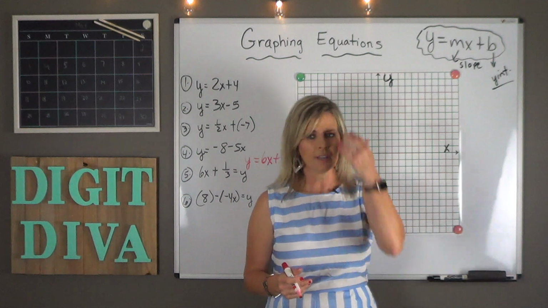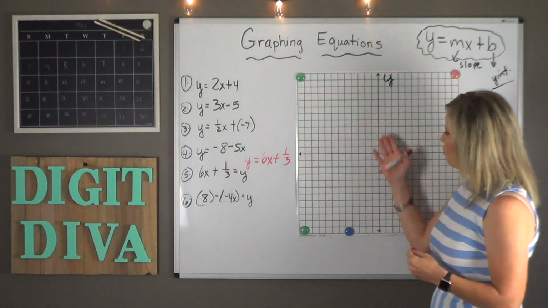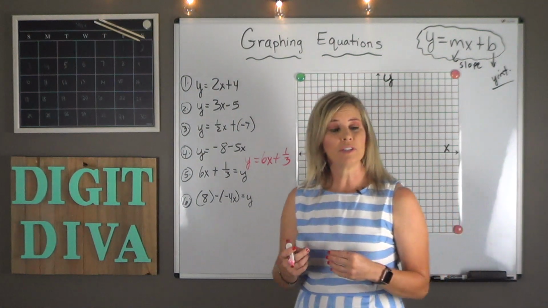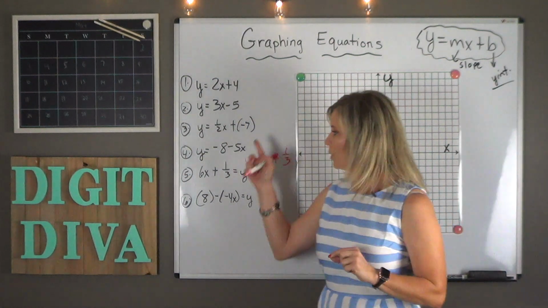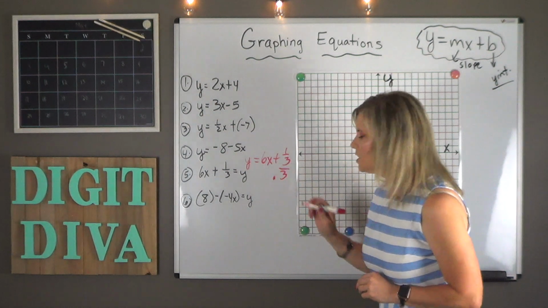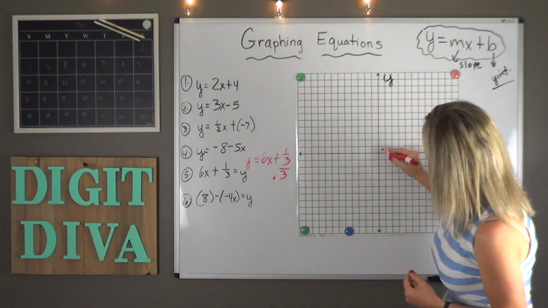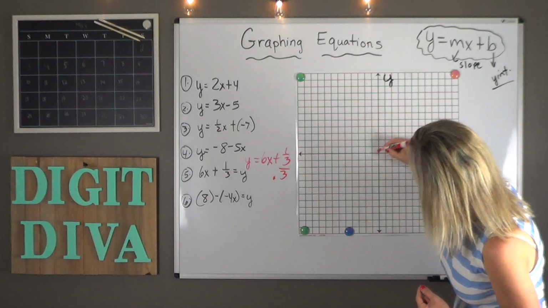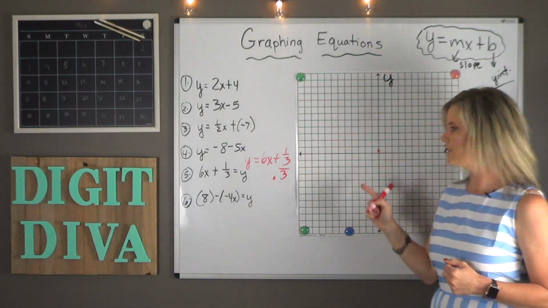But notice your y-intercept this time. It's 1/3. It's not a whole number, so 1/3 is not even 1. So if I would change 1/3 to a decimal, it would be 0.333. 1 divided by 3, it would be 0.3 repeating. So what I'm going to do is come up barely above 0, okay, on my y-axis, and put a point there. You guys see that?